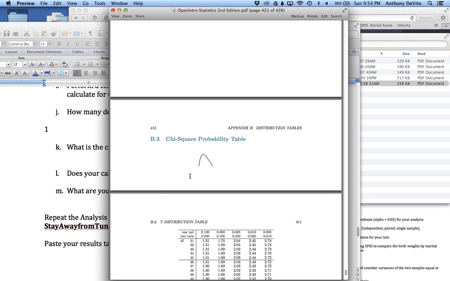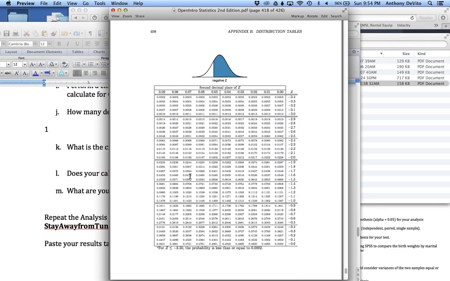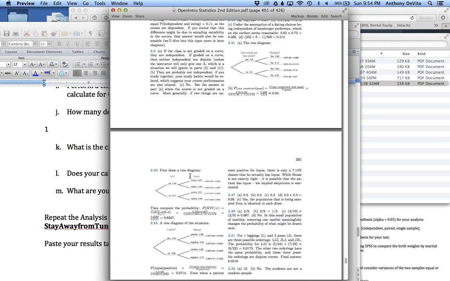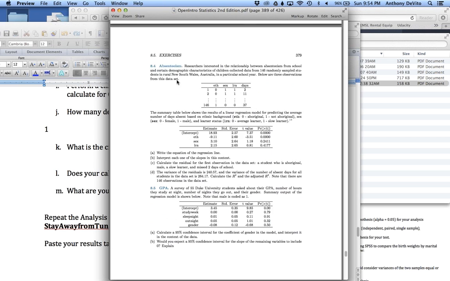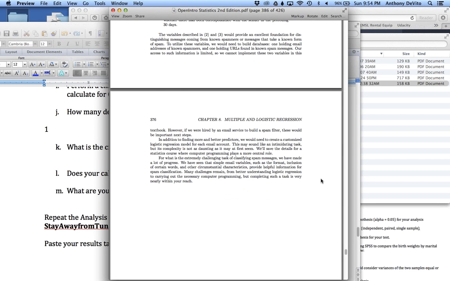Chi-square table 274. What page is this? I think there was one back there too, but it said 274, so I'll go to 274. Oh, got to go a lot further back than that.